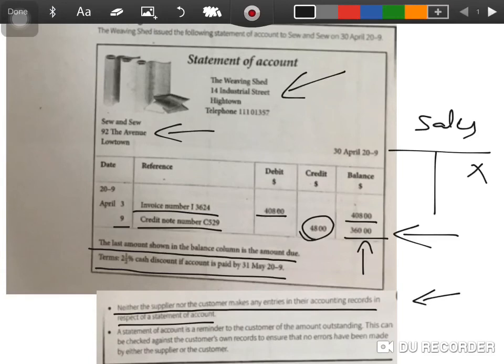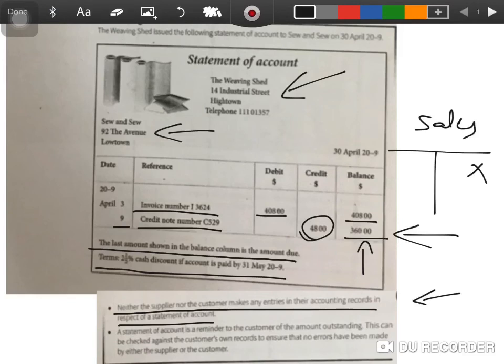This is just a summary that I'm sending to my customers at the end of the month, which is going to act as a reminder of how much money they owe me at the end of the accounting period. And they can tally the transactions done as well, to make sure that everything was recorded in their accounts perfectly.